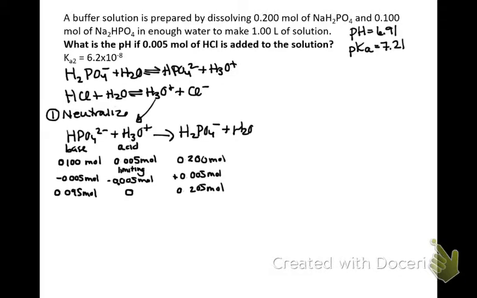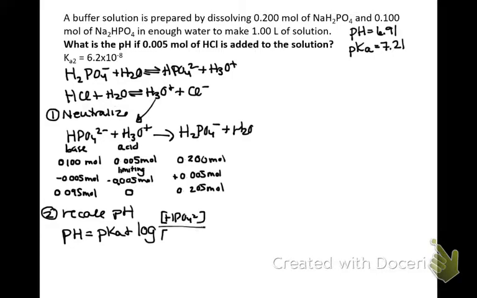Now, the second part of this is to recalculate the pH of the solution. And for that we use the Henderson-Hasselbalch equation. The pH equals pKa plus the log of the base form, HPO4 2 minus, over the acid form, H2PO4 minus.